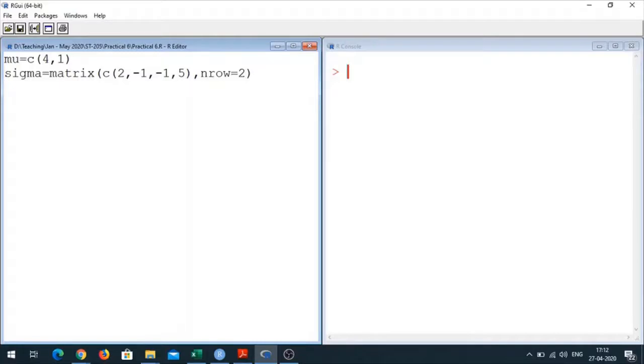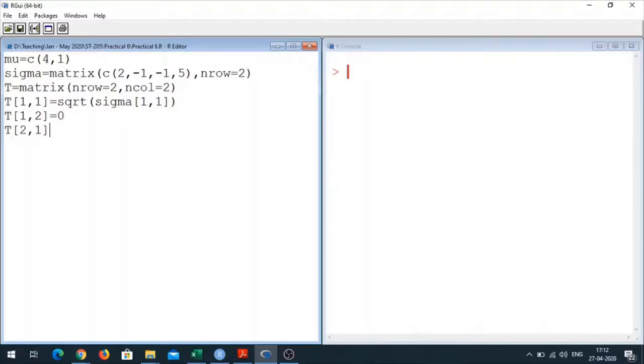So I want to compute the T matrix. We have just now derived the formula for T. So let me first create a blank matrix and then we'll compute entries one by one. We know that T11, which was A in our notation, is square root of sigma 1 1. Then T12 is 0 because my T is going to be lower triangular.